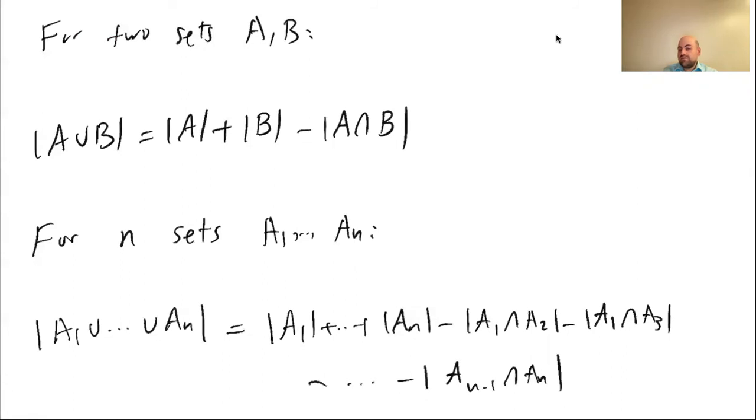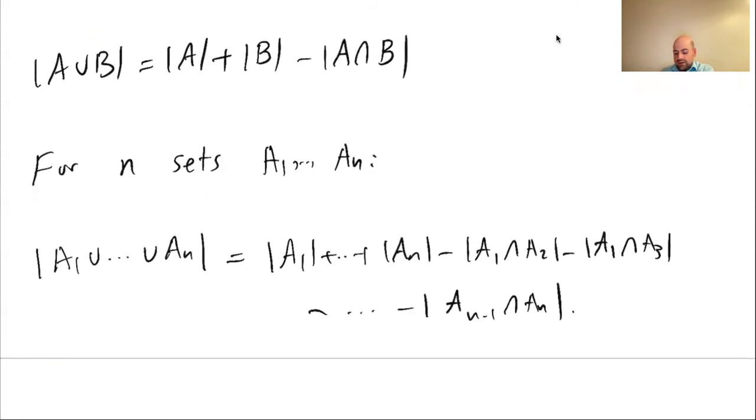So that's what is called the principle of inclusion exclusion. So we have to exclude the intersection of any two sets. But then we have to again include the intersection of three sets.